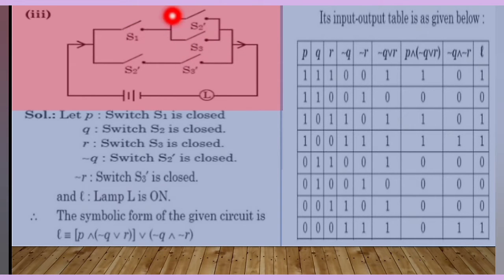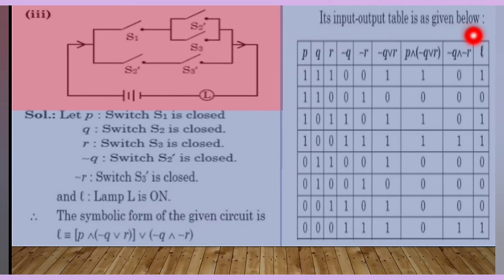Now these three switches are parallel to these two switches, so we write OR, since parallel means OR, in bracket negation Q and negation R. See this symbolic form: P and negation Q or R, or negation Q and negation R.